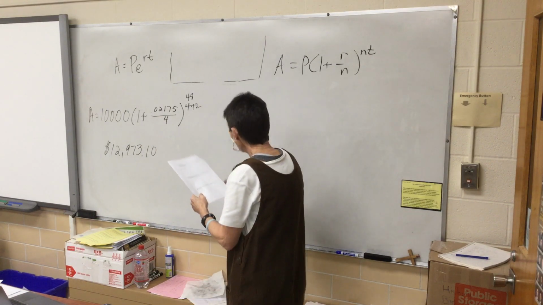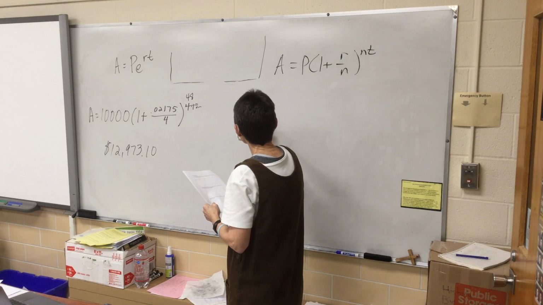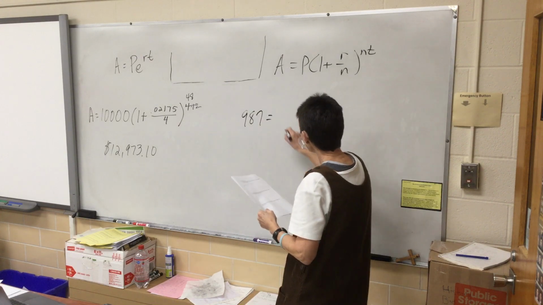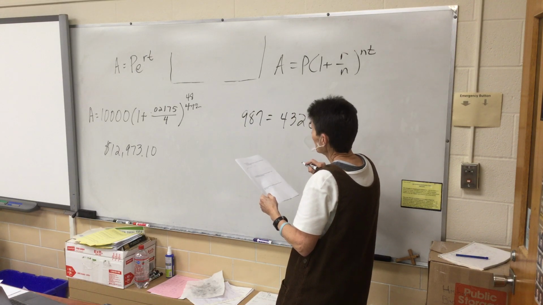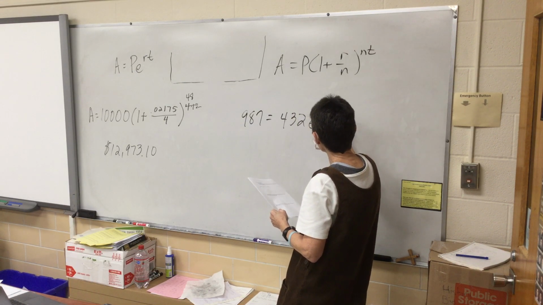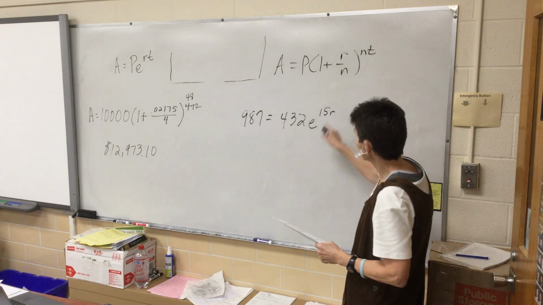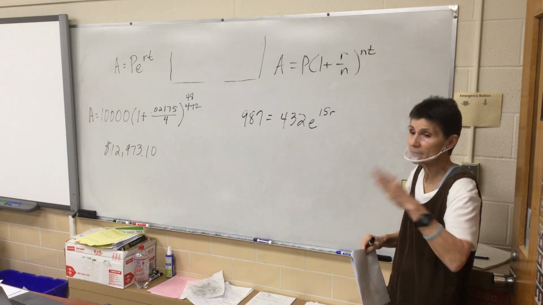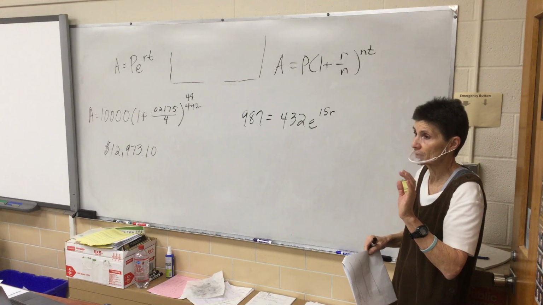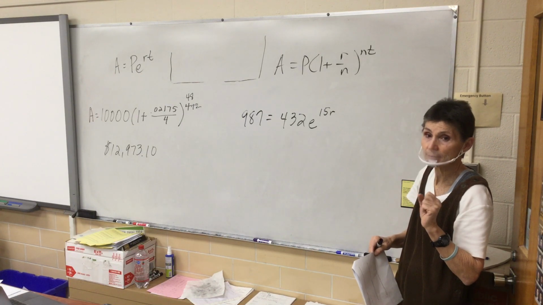So I'm going to end up with 987. I'm going to start with 432, 15 hours, and I want to know r, so t is 15 and r is my unknown. What does that tell me immediately? r is my unknown. I'm going to need logarithms, right?